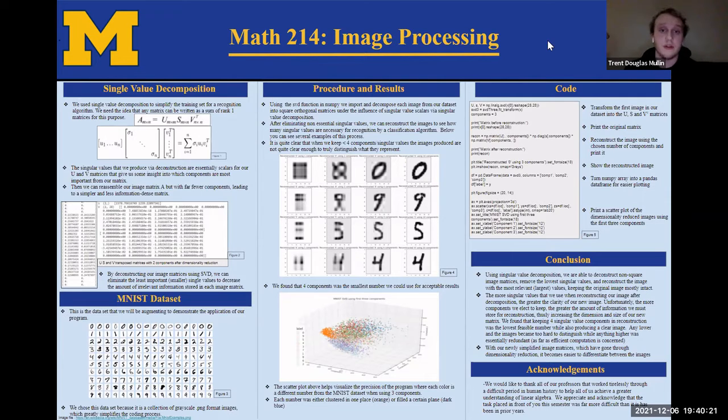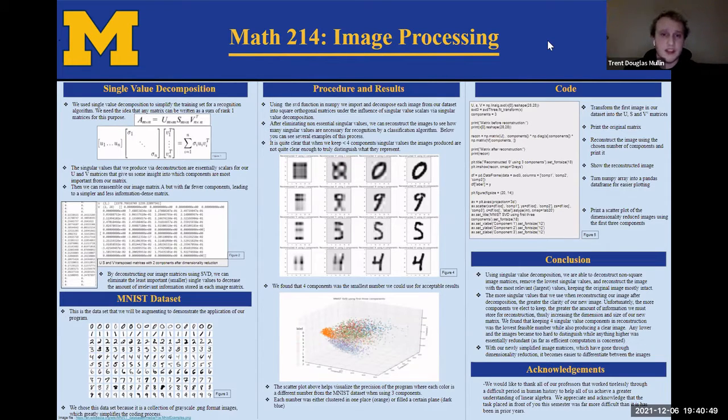So after importing the images, we use the SVD function through NumPy to decompose each image from our data set into square orthogonal matrices under the influence of singular value scalars via the singular value decomposition. And after eliminating the non-essential values, we can reconstruct the images to see how many singular values are necessary for recognition by our algorithm. Below, you can see several examples of this process in figure 4.